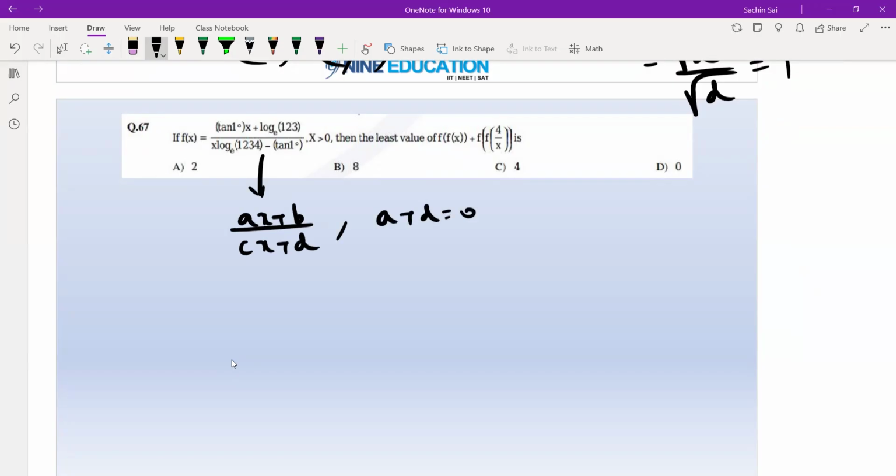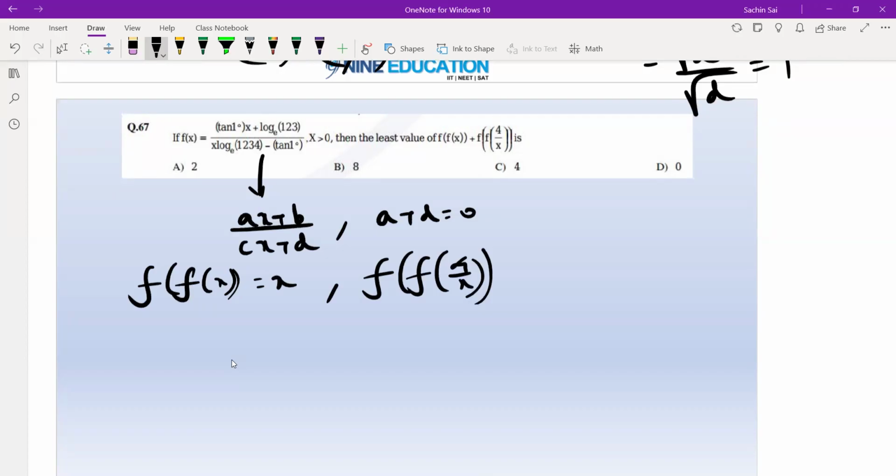And if that is the case, you can say that f of x will be x, right? And similarly, f of 4 by x will be 4 by x, right? So you'll see that the coefficients given in the original function have nothing to do with this problem, because f of x is nothing but x and f of 4 by x is 4 by x.